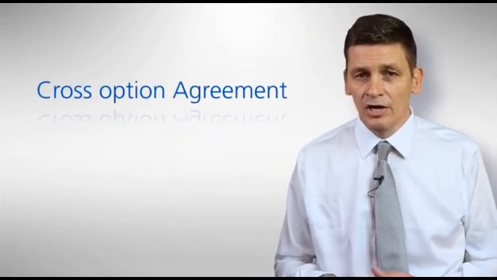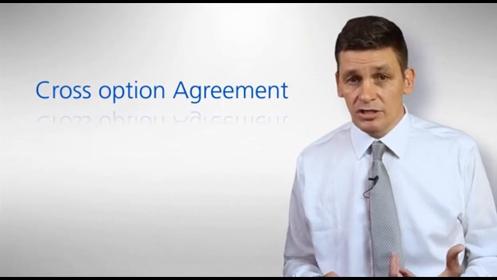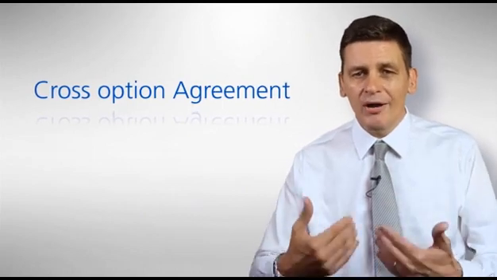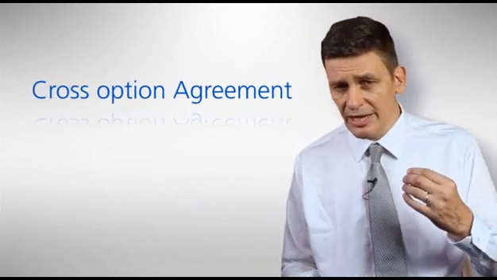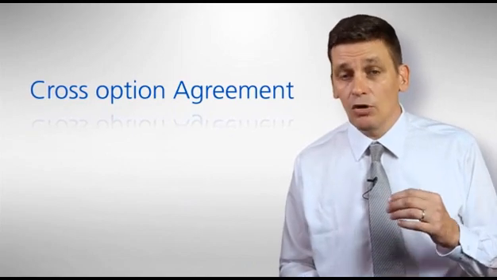So in reality, the agreement that should be put in place generally will be a cross-option agreement. Quite simply, this is an option, so there's no compulsion, there's no binding element to it, which means that the revenue will grant business property relief, which will mean potentially there will be no inheritance tax liability.